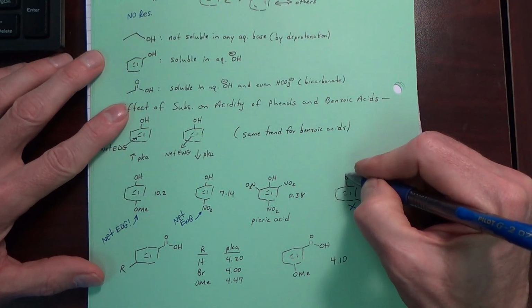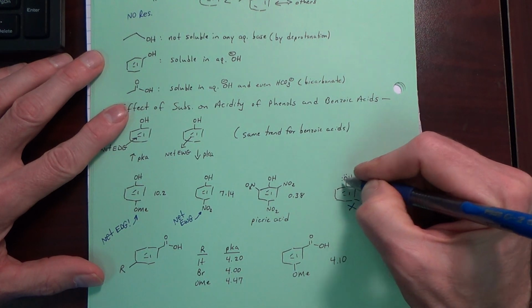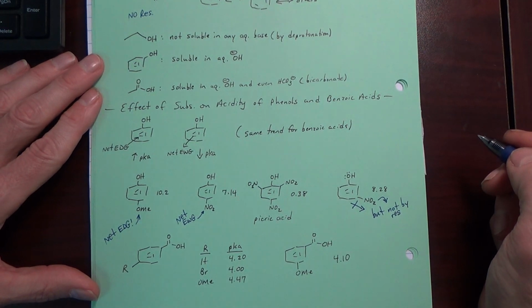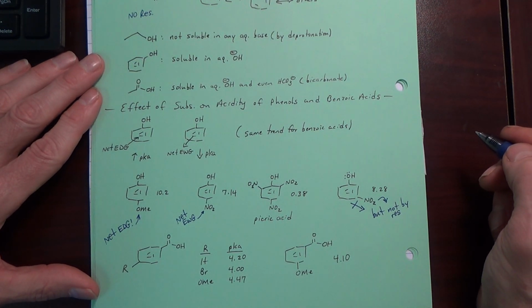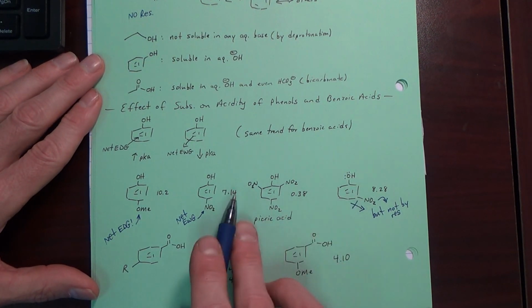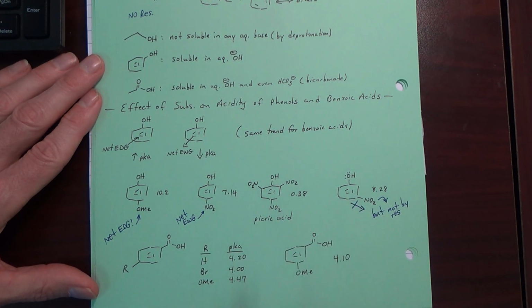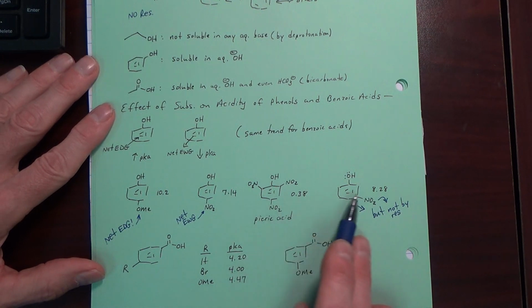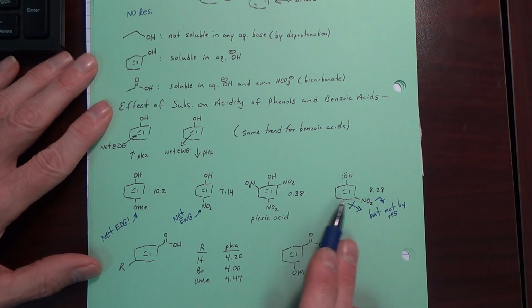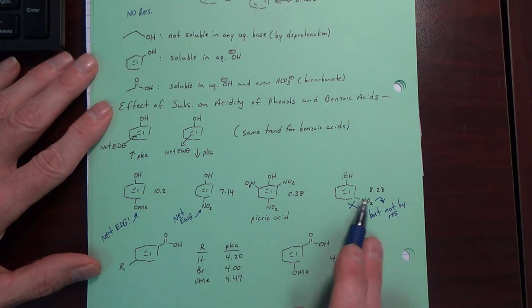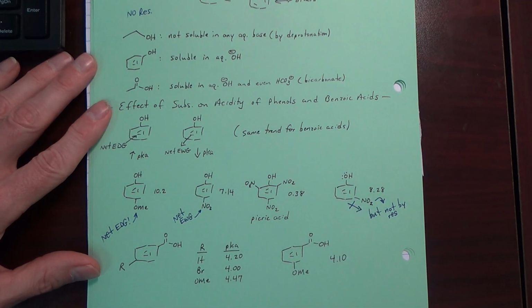I'm talking about resonance involving the oxygen lone pair. Now in the back there are some example problems for you to be working as homework to kind of show these resonance structures here to prove and to illustrate why this isomer is more acidic than this isomer.